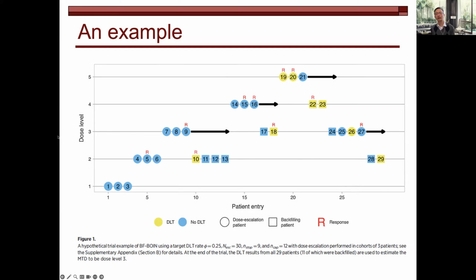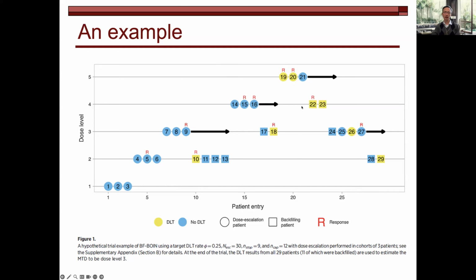That's a very good question. When we decide if a backfill dose should be stopped or not, we base it on real-time data. In other words, we ignore the pending patient. We just base it on the data available at that time.